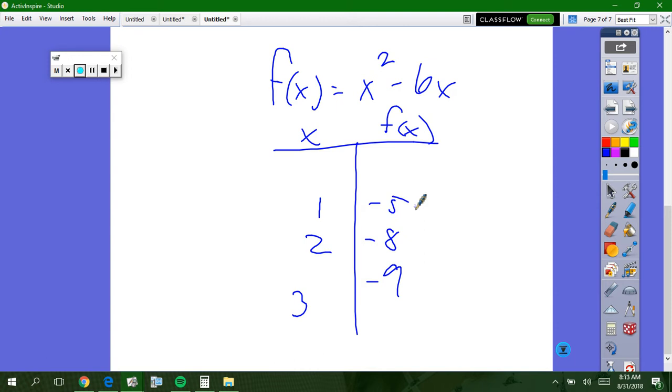Are we getting lower? So guess what that's meaning? Because if you always think about a parabola, it's symmetrical, right? So therefore, so far this is what we have. 1's at -5, 2's at -8, 3's at -9.